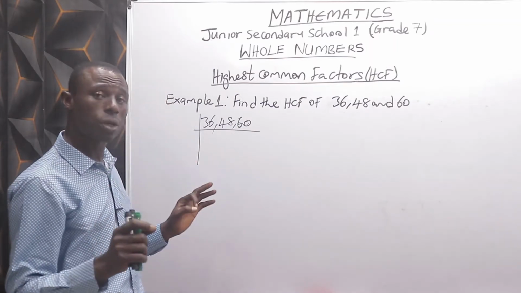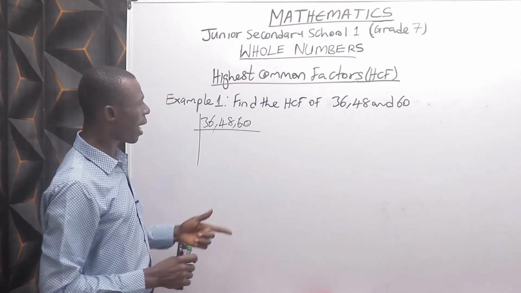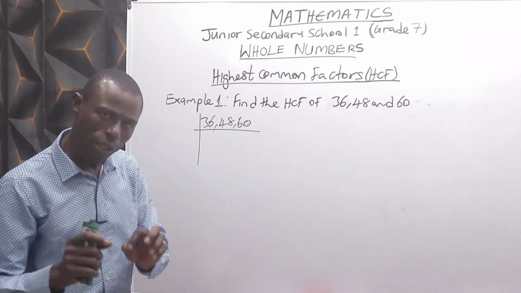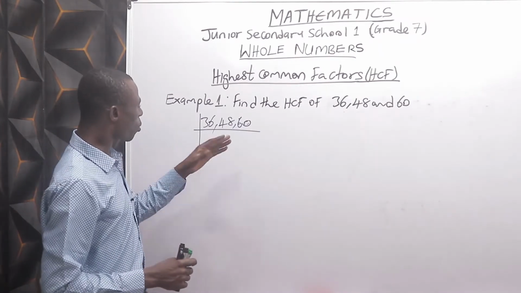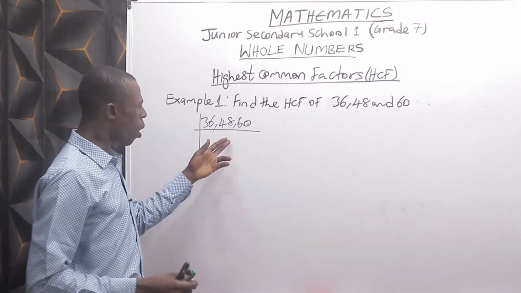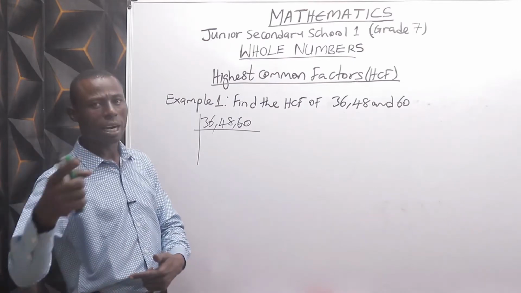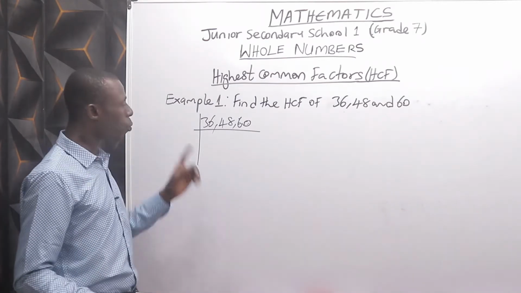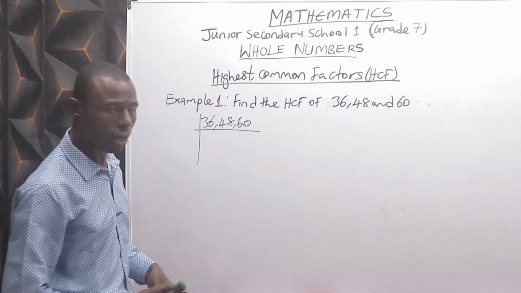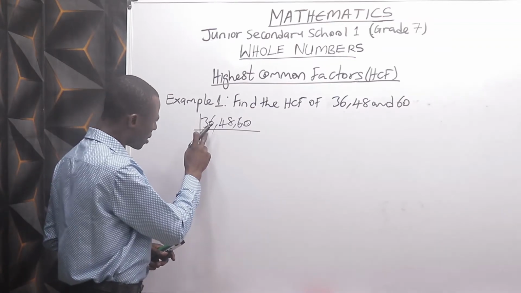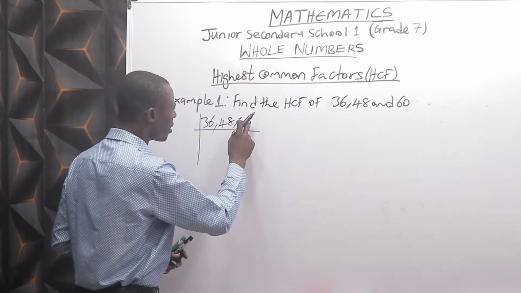That's all we use. We don't do it like we do in LCM. In LCM, out of 2 or 3 numbers, once a factor can divide one of them, even though it may not be able to divide the other, we use the factor. We don't do that in HCF. So, what factor can divide 36, 48, and 60?